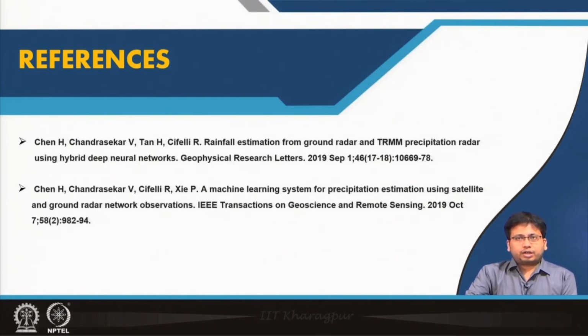That brings us to the end of this lecture, where we discussed different ways in which different sources of remote sensing imagery can be fused with a neural network, because different sources of imagery have complementary strengths.